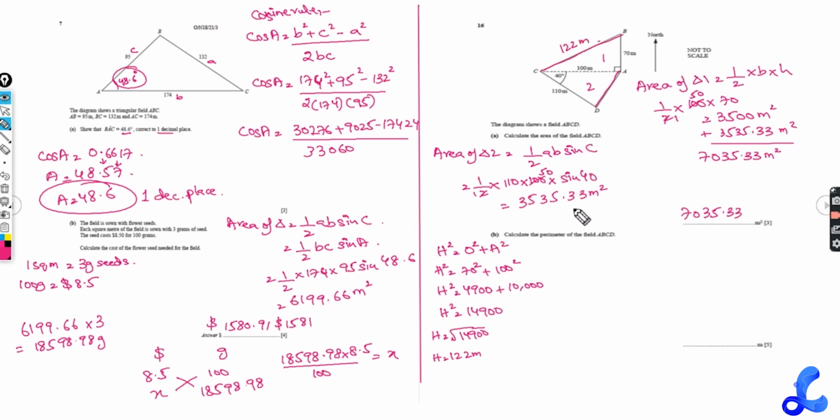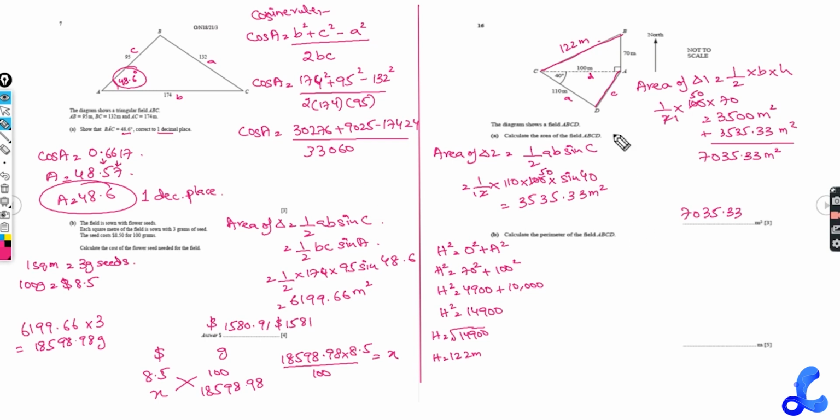Now we have to find out this side. In order to find out this side, I'll again use the cosine rule, but this time not with the angle, but with the side. So we have this as a, we have this as c, and we have this as d. I will use these variables or these alphabets only.